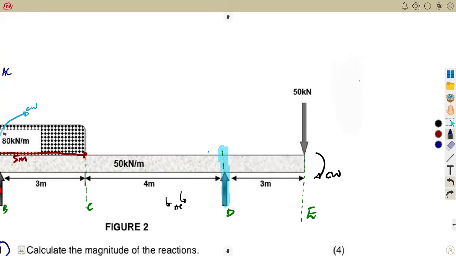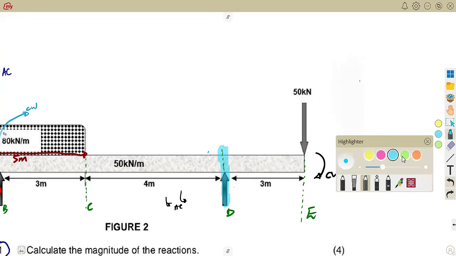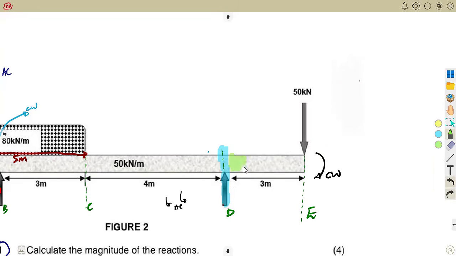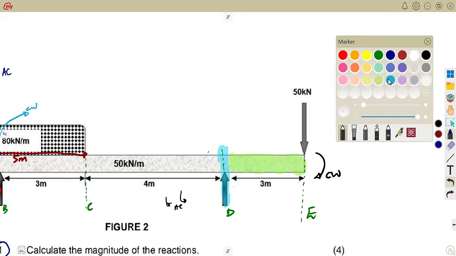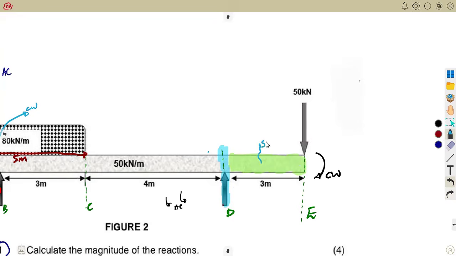So we are going to take the piece of the distributed load that is remaining, for the 3 meters that is remaining, the 50 kilonewton per meter that is remaining here. So you can multiply. If you want, you can just combine this. That will be what?